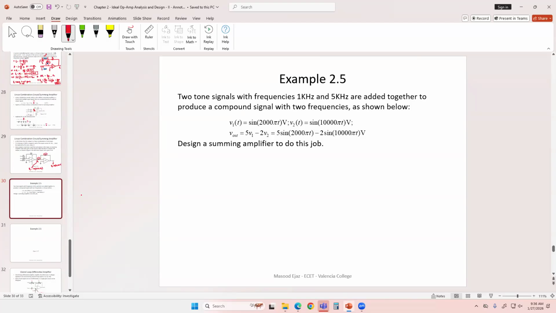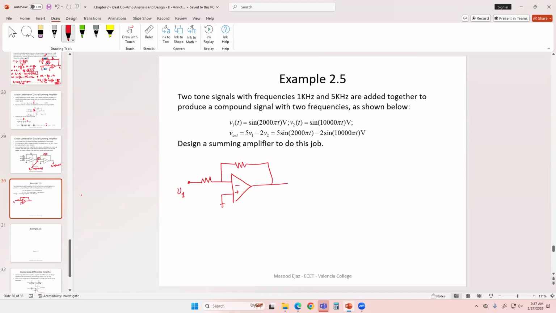So one way to do this is you have an inverting amplifier. You put an inverting amplifier with a gain of 5 and input V1. So let's say this is my V1.